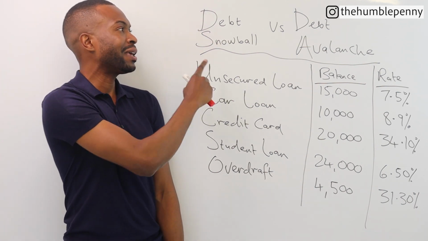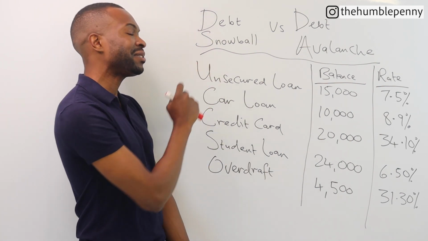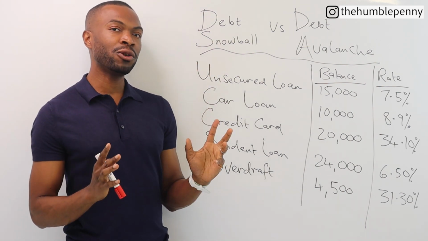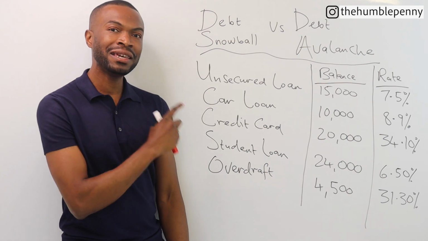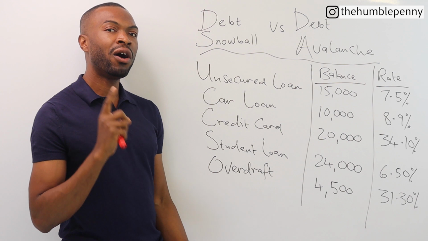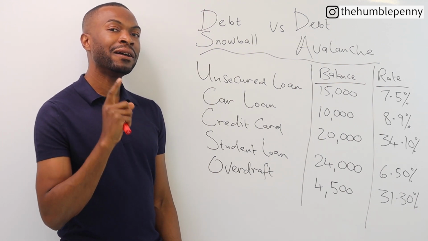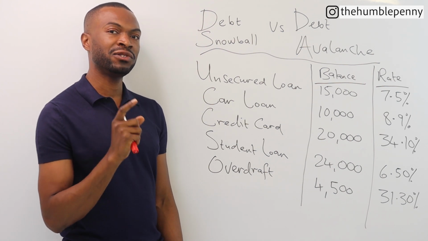Okay. Now, if you're looking at these two methods, just to explain what they are using this example, the debt snowball is the methodology whereby you would assess these debts, but essentially what you'd be doing here is saying, well, actually, I would choose to pay off the debt in order based on the smallest amounts first.